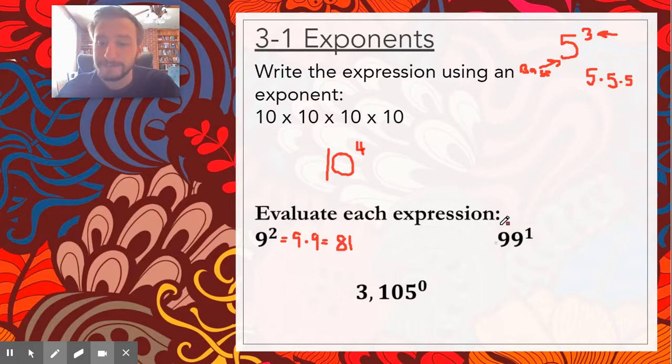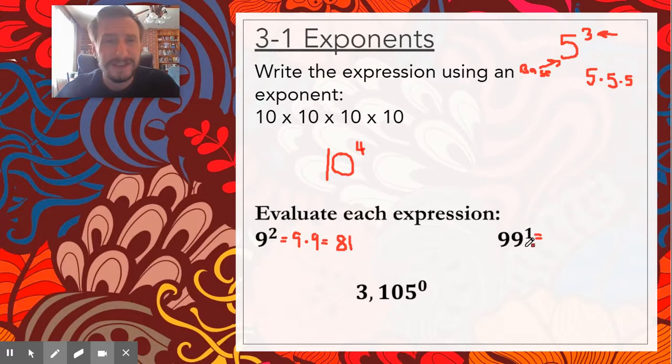So over here, we have 99 to the first power. Well, if you're just doing what we've been doing, where 5 to the third power means there's 1, 2, 3 5s, and 10 to the fourth power was 1, 2, 3, 4 10s, and 9 to the second power was 2 9s.